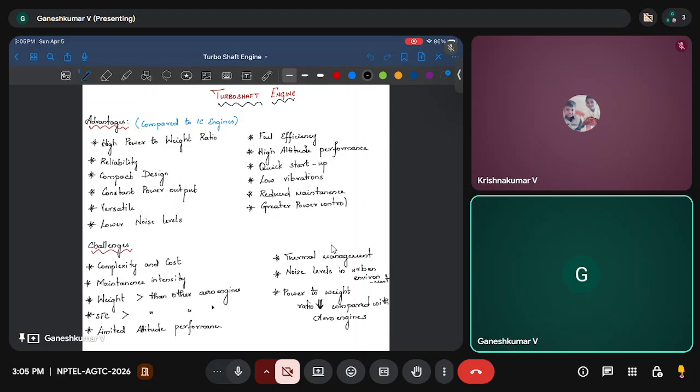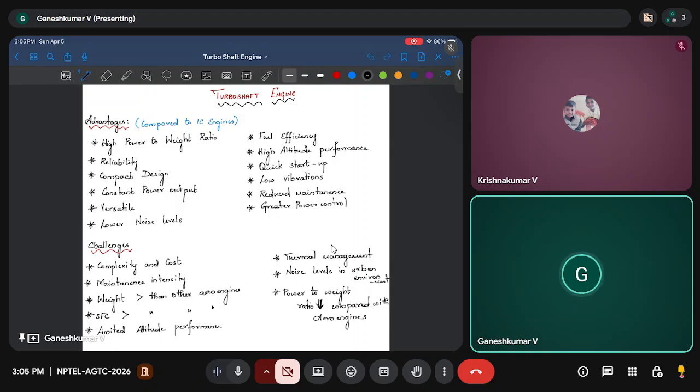And gas turbine land based power generation engines usually are turbo shaft engines, where you generate power and deliver it in the shaft, which you can connect to a generator to generate electricity or whatever you want. But the main goal here is to get as much shaft power as possible.